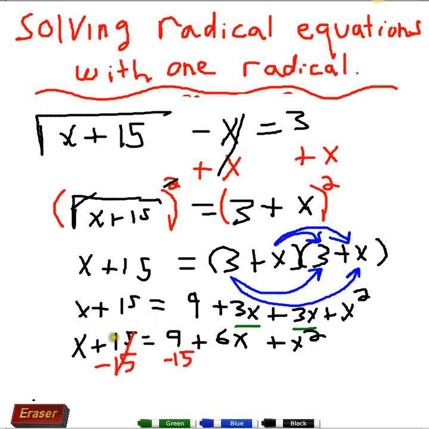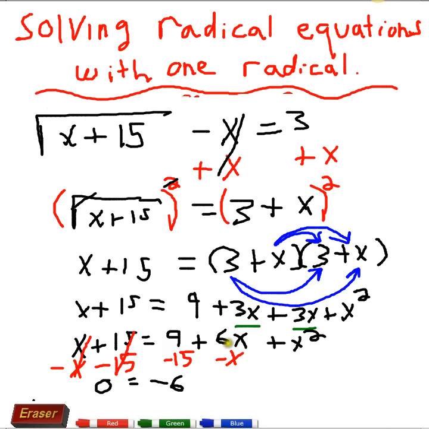Since the negative 15 is a constant, a number, we're going to line it up with the other number on the other side, and we're going to do the opposite of x to make those cancel, and line that up with the thing on the right with the x. So we now have 0, because everything here canceled, is equal to, well, what's 9 minus 15? That's going to be negative 6.